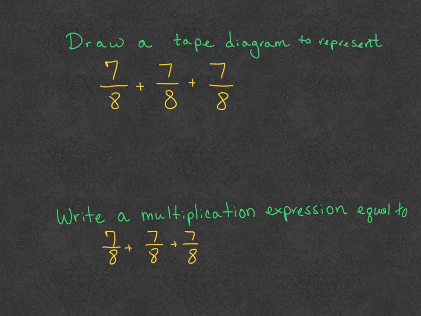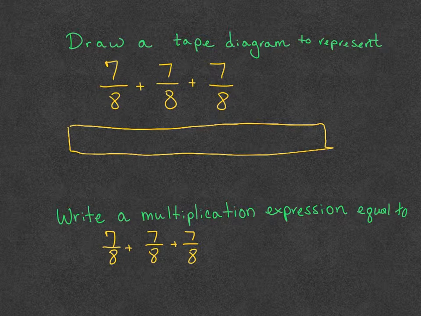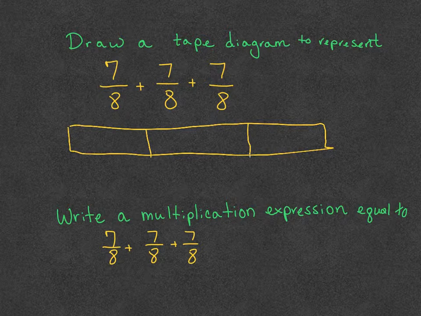Draw a tape diagram to represent 7/8 plus 7/8 plus 7/8. So we have 3 groups of 7/8. What we're going to do is draw a tape diagram, and we are going to cut it up in thirds. Why am I cutting it up into thirds?